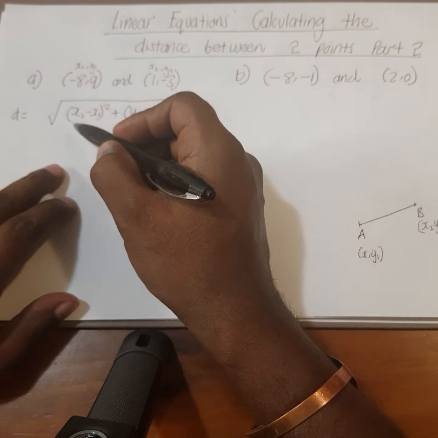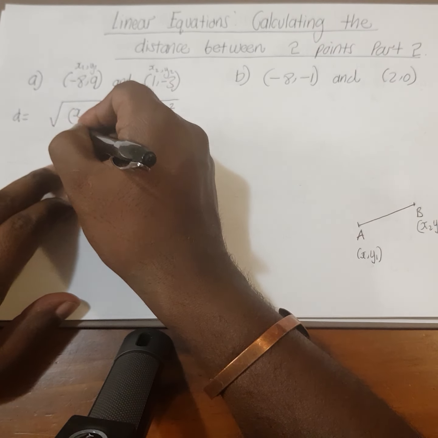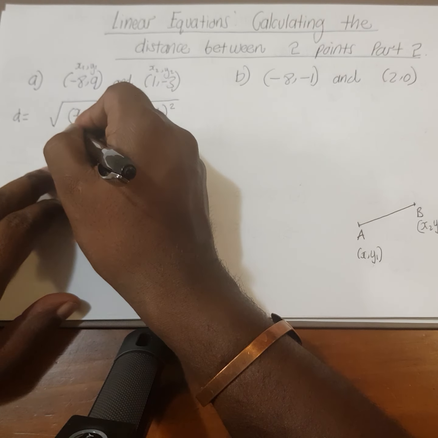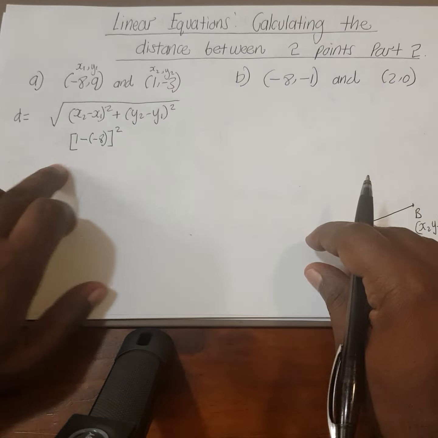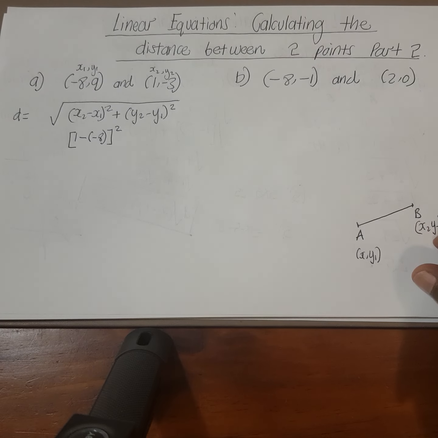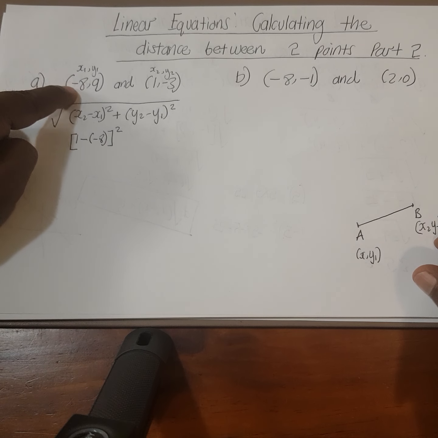All right, so we've got x2 minus x1, so that's going to be 1 minus -8. Now it's very, very important to take note of the minus. So we've got this minus, which is subtracting the 2 numbers, and then we've got -8, which is actually x1 here.